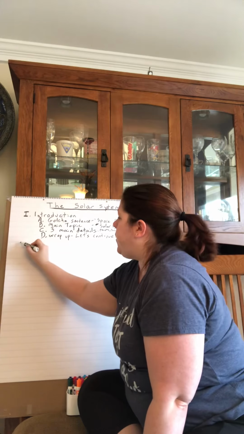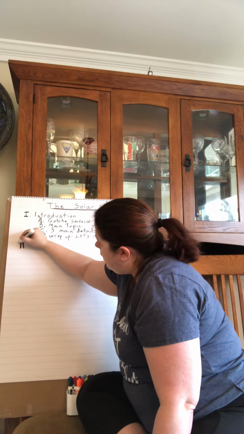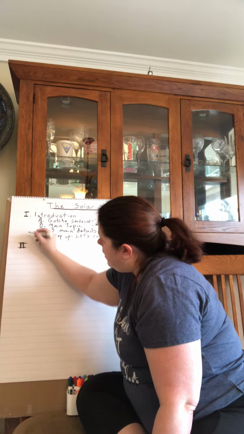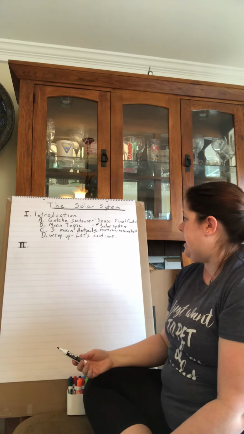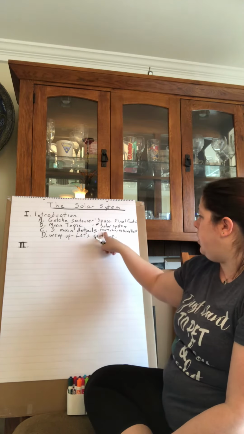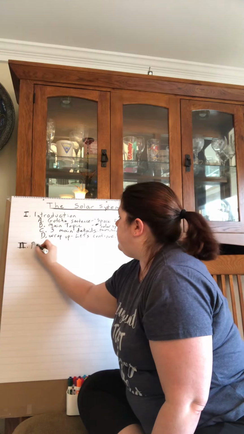So that's going to be 2 I's for the number 2 in the Roman numerals. So our first idea, we said we're going to talk about the planets. So planets.